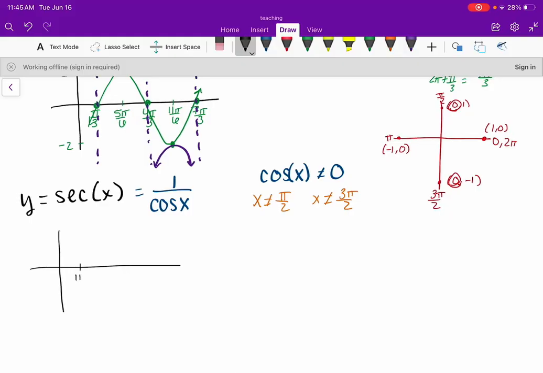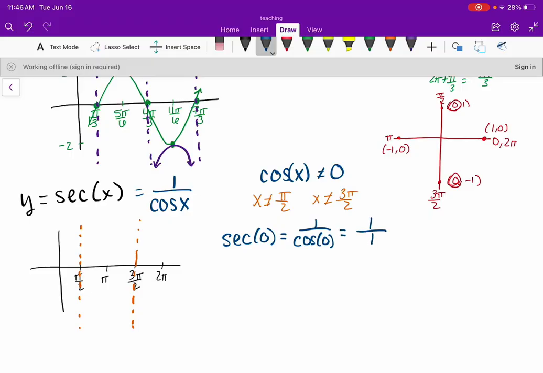I have 0, pi over 2, pi, 3 pi over 2, and 2 pi. So let's do pi over 2, 3 pi over 2, and I'll plug in the other points. So if I do secant 0, it'd be 1 over cosine of 0.